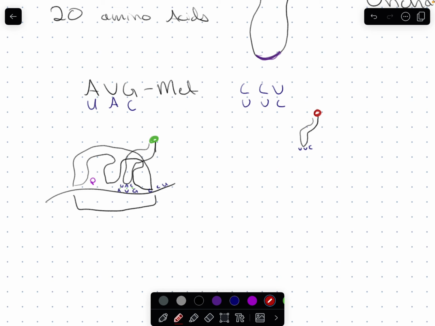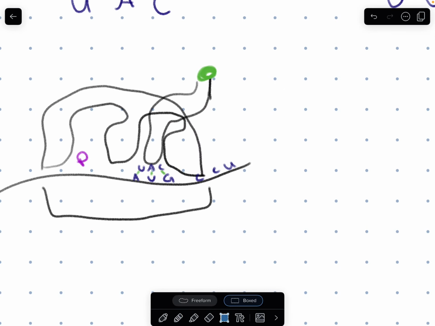So what's going to happen now is, your mRNA here is linked to your tRNA through these bonds right here. And so it's not really moving anywhere yet. But what does happen now is our ribosome unit shifts.